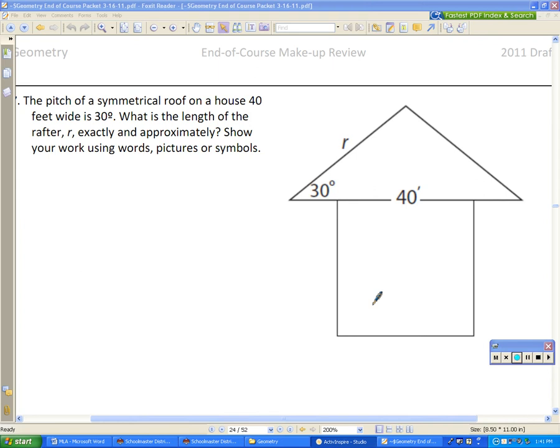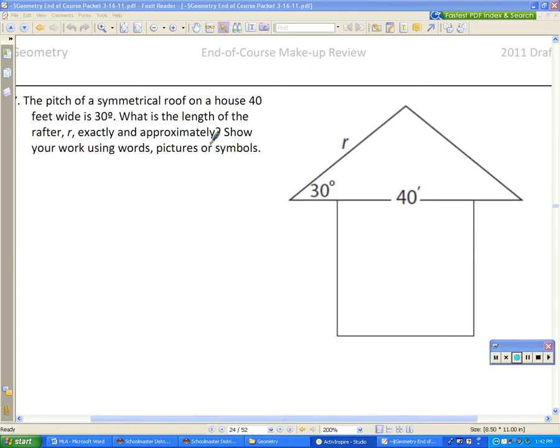And it is the long leg, so we always have to know what the short leg is before we can do anything with it. Just like the other ones, that means this is going to be 20 divided by the square root of 3. Which means that R is going to be 40 divided by the square root of 3. All right, and then it says in the answer exactly and approximately.